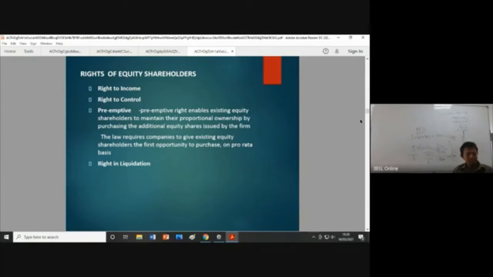Those are the malpractices that happen through the share market. Now the share market is basically controlled at the moment. Control in the sense that more stringent regulations are imposed.